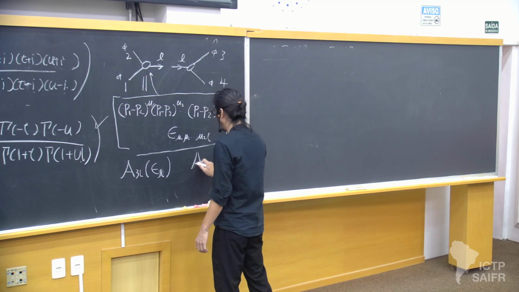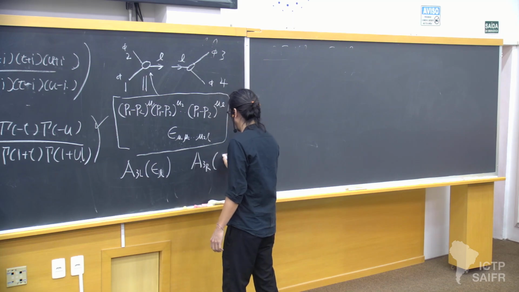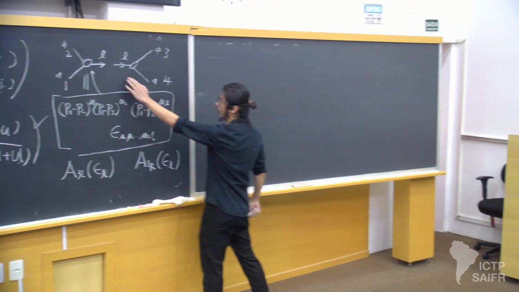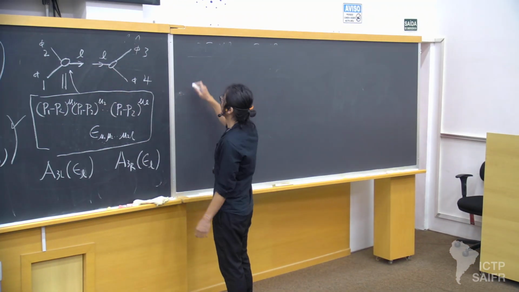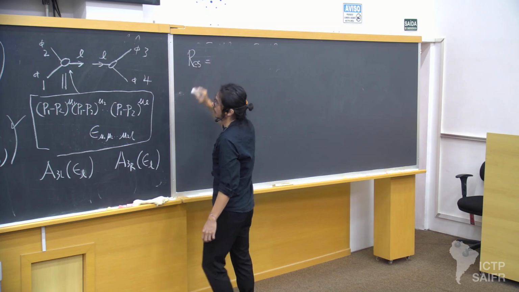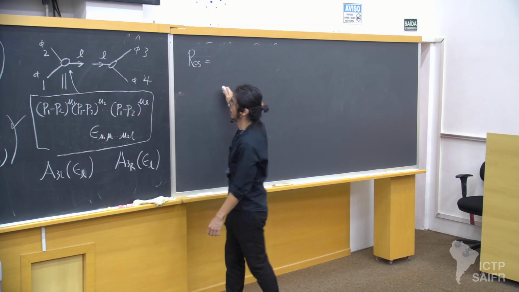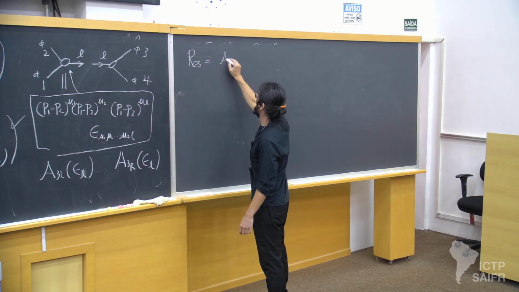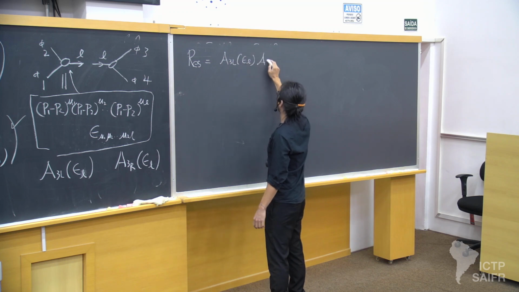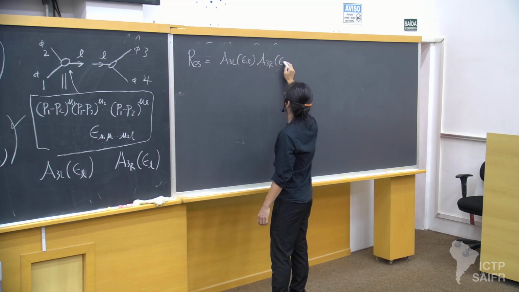Then, of course, I have A3 right contracted with this spin-L internal state. And then the residue for this factorization is just A3 left with this spin-L polarization and A3 right with this spin-L polarization.